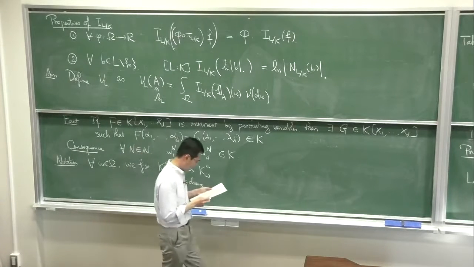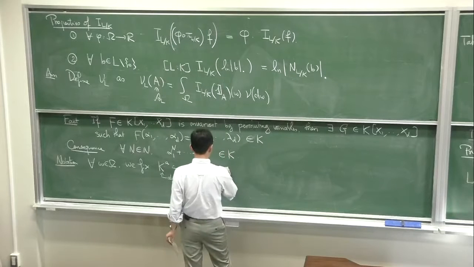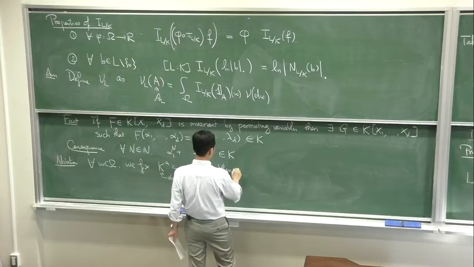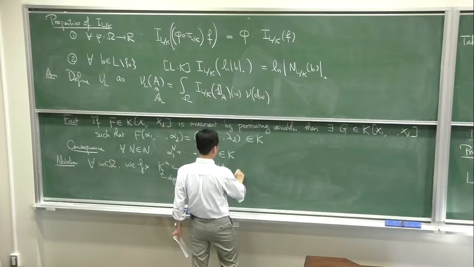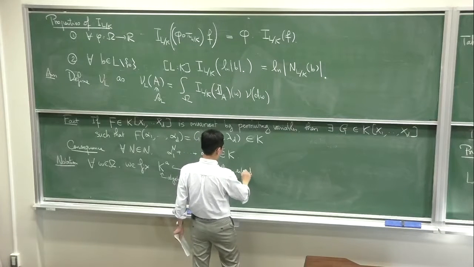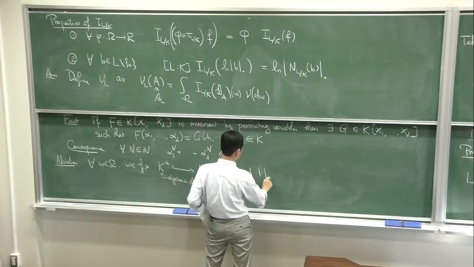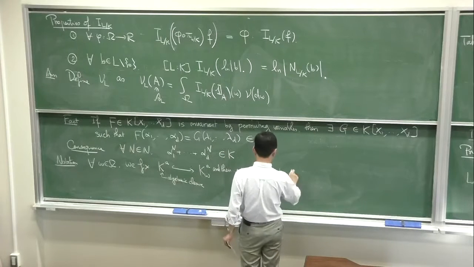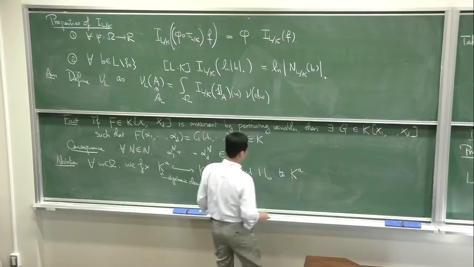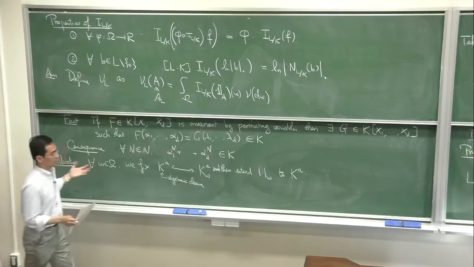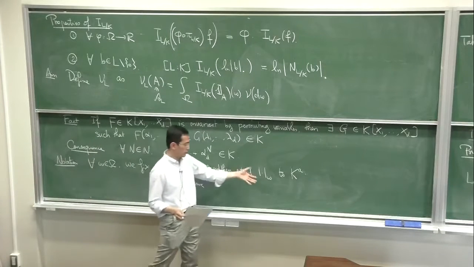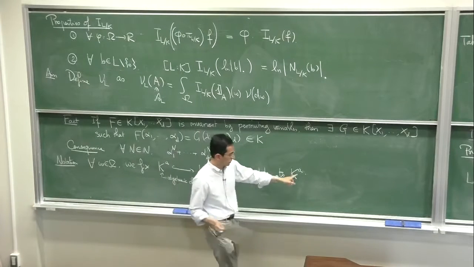Fix an embedding, and then extend the absolute value of K_ω to K̄. You have so many choices, but I just fix one choice of extension of this absolute value.